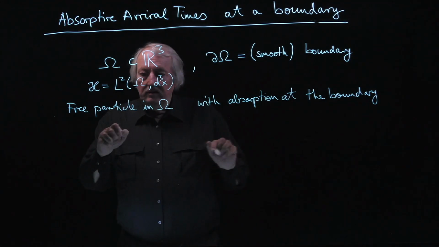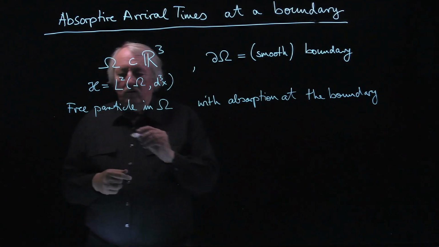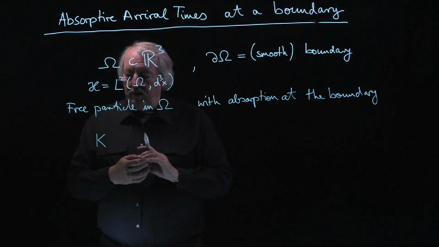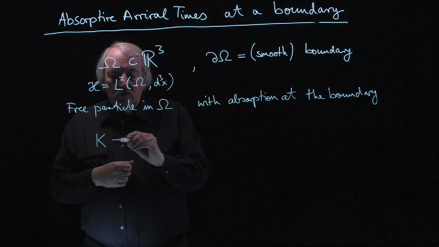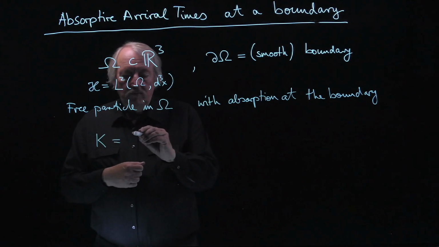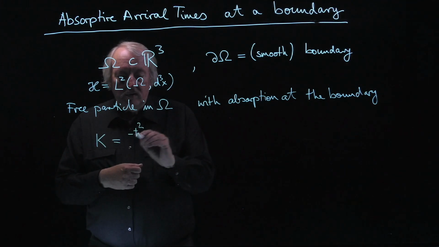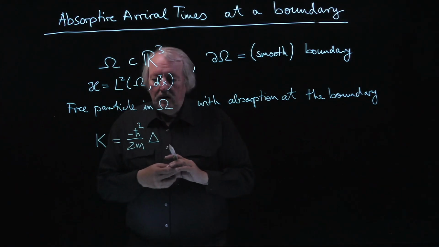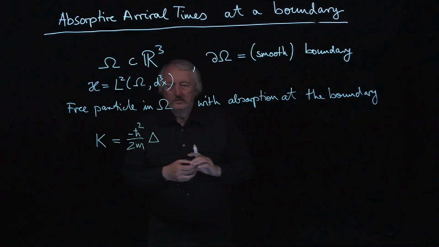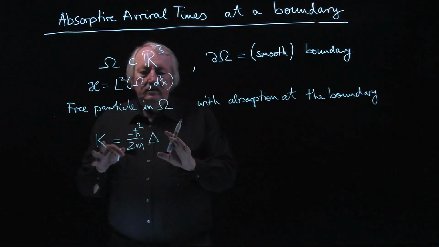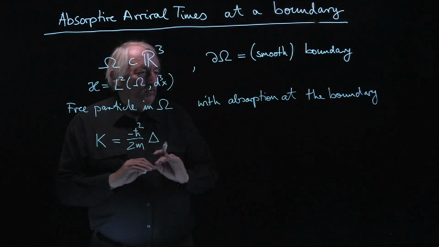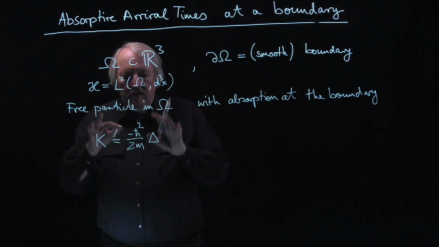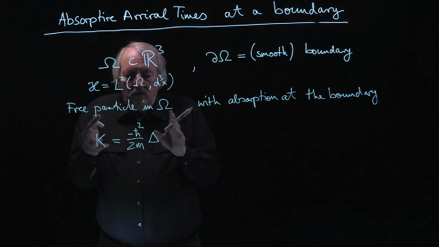And now there are two parts here. On the one hand, we have the free particle, so our generator for the time evolution is going to be what it always was for the free particle. So it's just p squared over m, and that will be the differential operator here. That by itself would be ill-defined for this boundary, because you have to say what happens at the boundary.